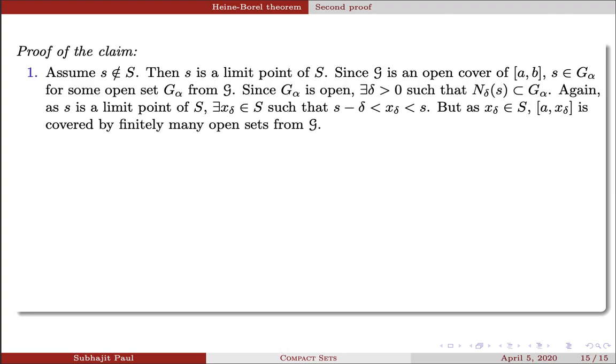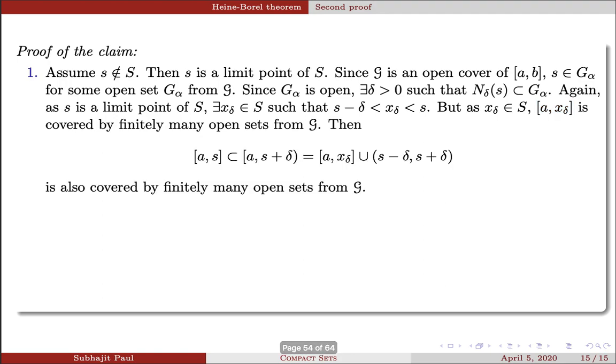But as x delta is coming from S, the closed interval [A, x delta] is covered by finitely many open sets from G. Then what we see is the closed interval [A,s].